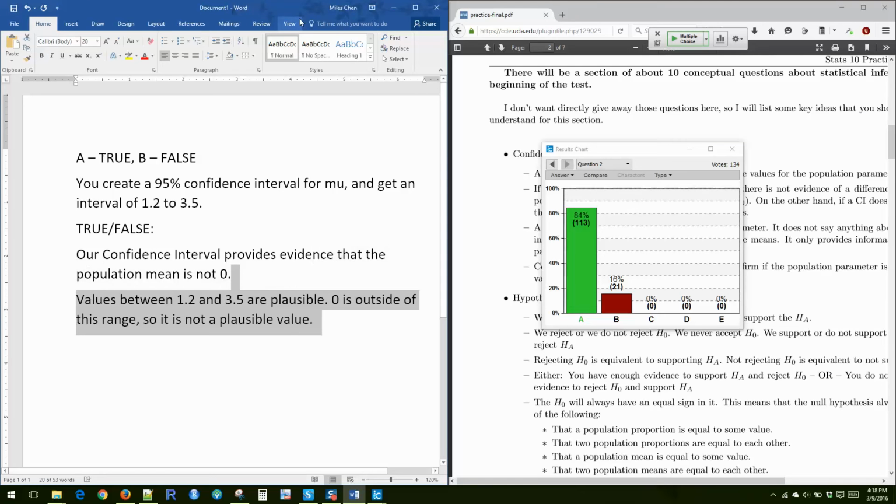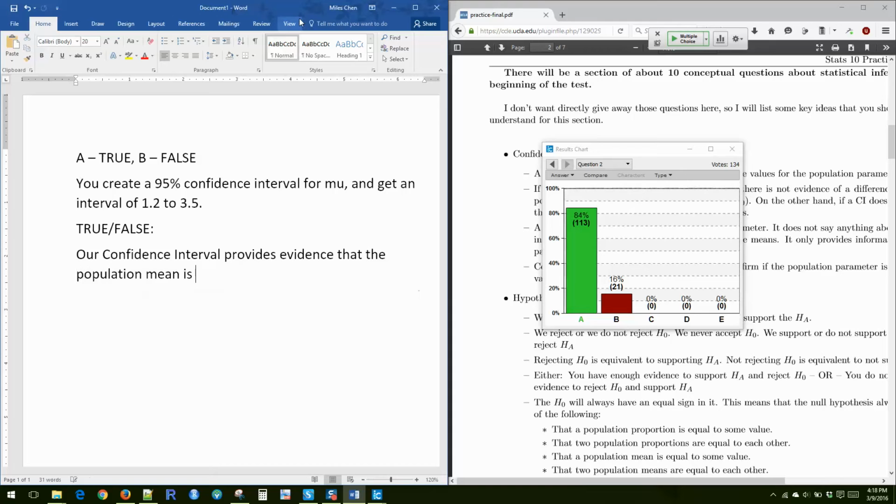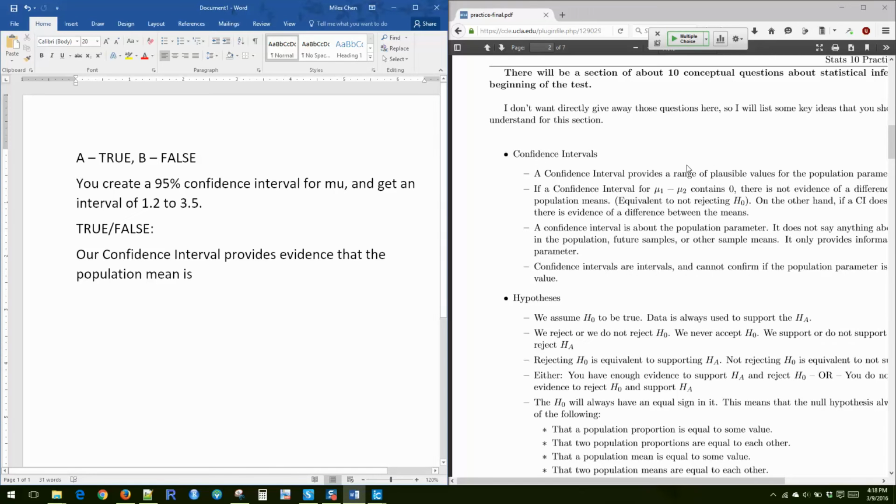Okay, true or false, our confidence interval, let me hide the graph here. Provides evidence that the population mean is 2.5. And we'll go there.